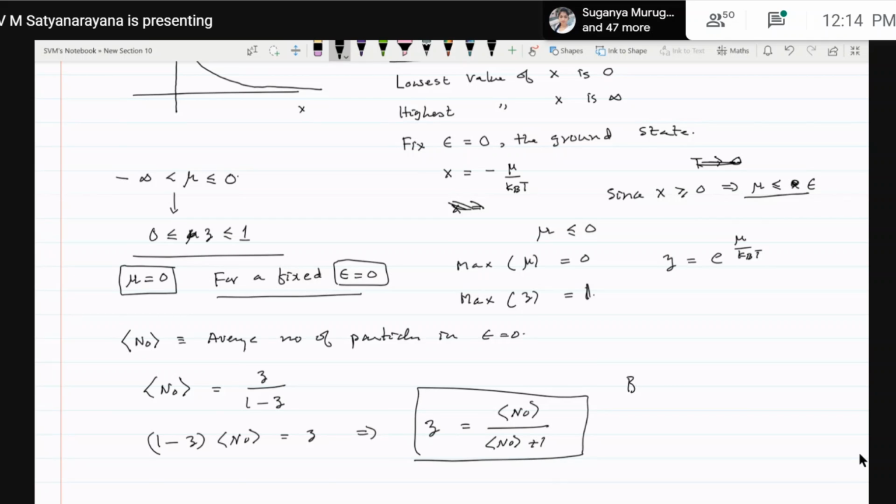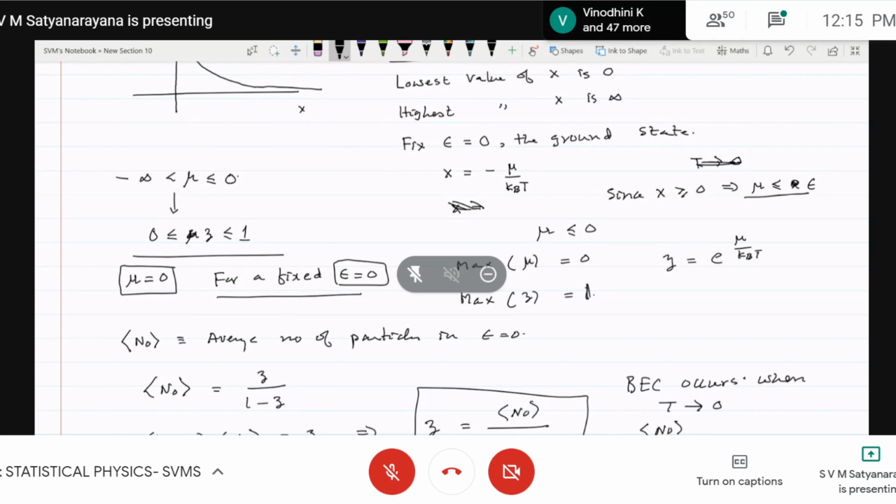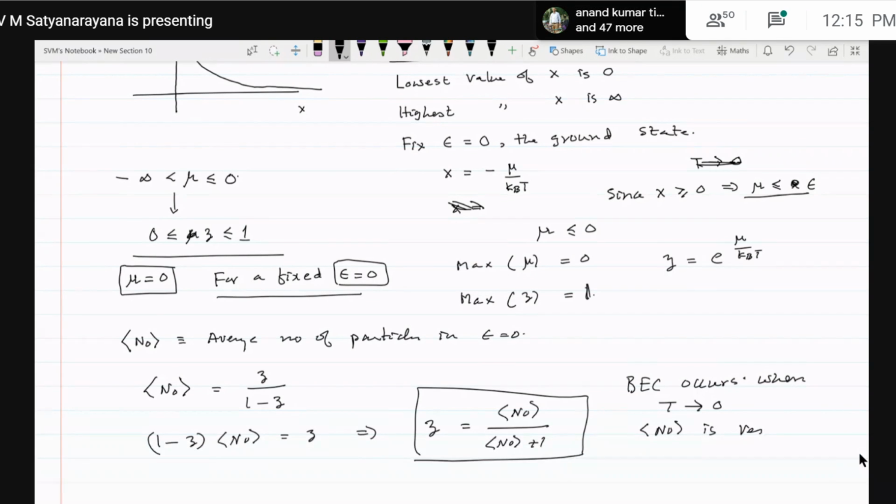Now you see what happens in the case when BEC occurs. BEC occurs when t becomes very small. So that means your average n0 is very large.